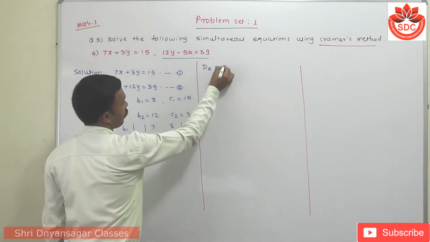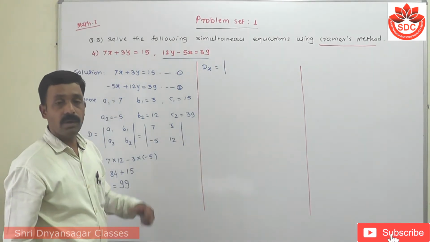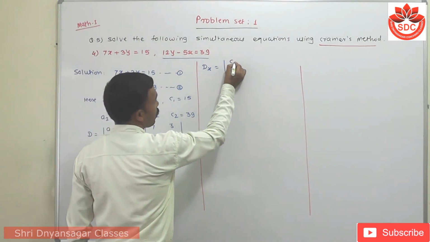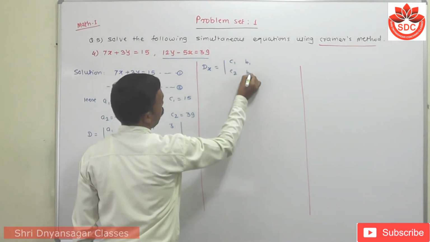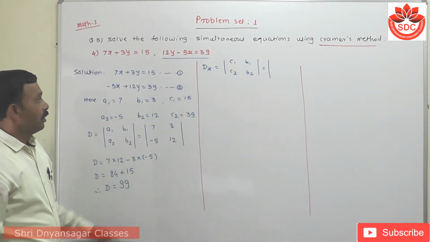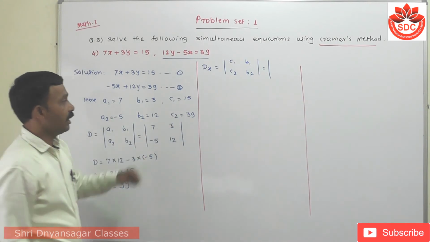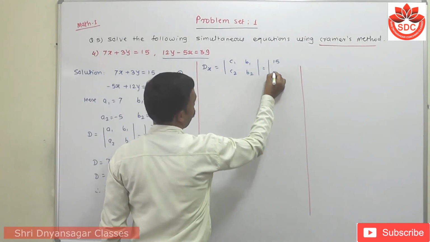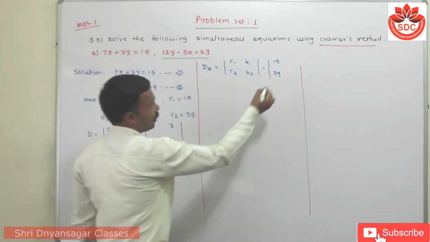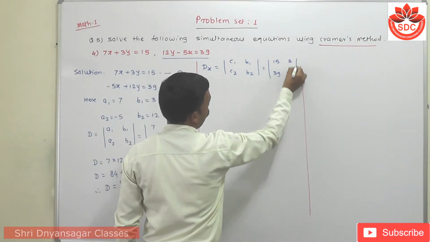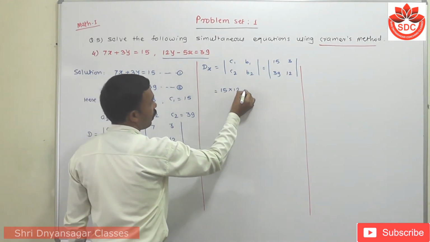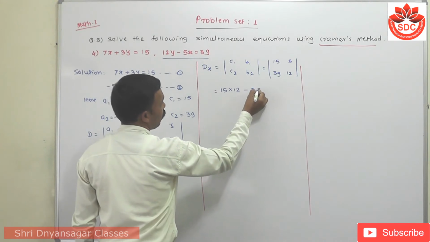Therefore, dx is equals to, we know the rule. We have to replace a1 a2 by c1 c2. So here c1 c2, here is b1 b2. Now we have to substitute the values also. c1 c2 is 15 and 39, and b1 b2 is 3 and 12. Okay. Then we take its product. 15 into 12 minus 3 into 39.